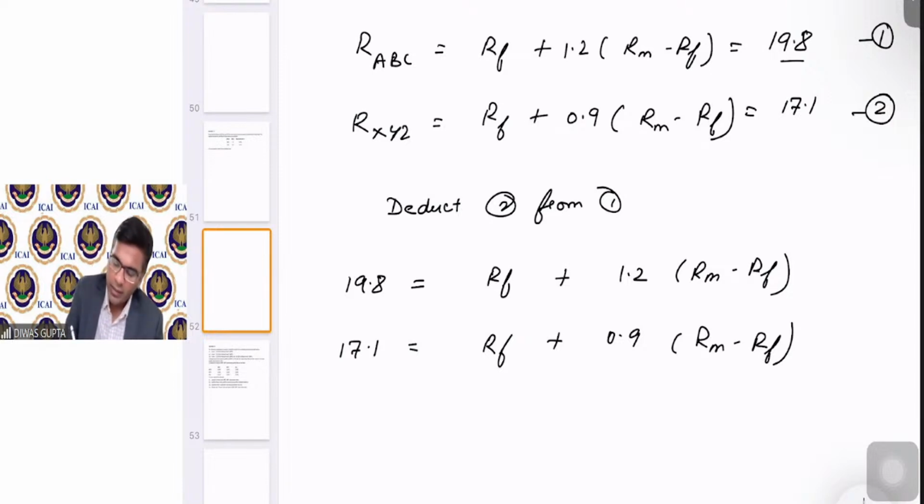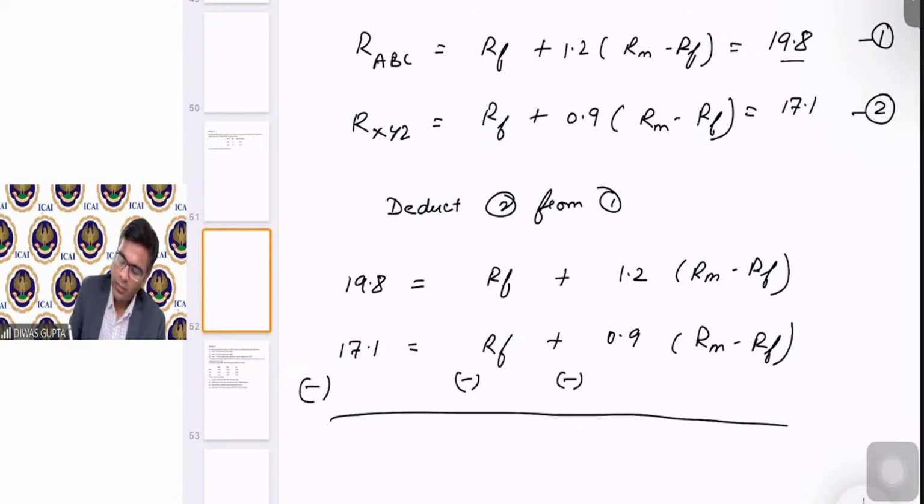So this will be 19.8 minus 17.1, which comes to 2.7. RF minus RF will become 0, plus 1.2 minus 0.9, which is 0.3, times (RM minus RF).